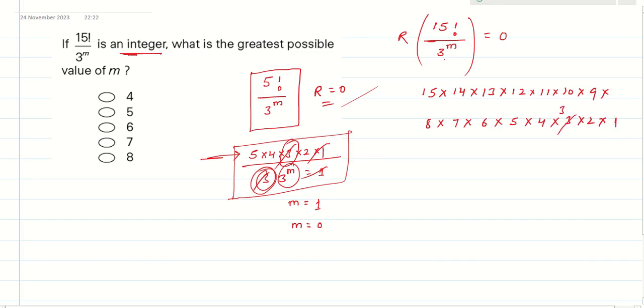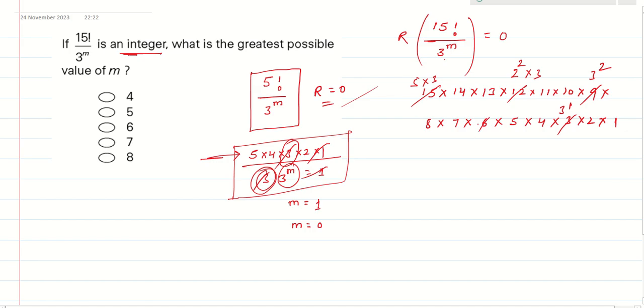So 1, 3 here, 1, 2, 3 here, and we have also 3 here, and also 3 here, right? So this 3 here.